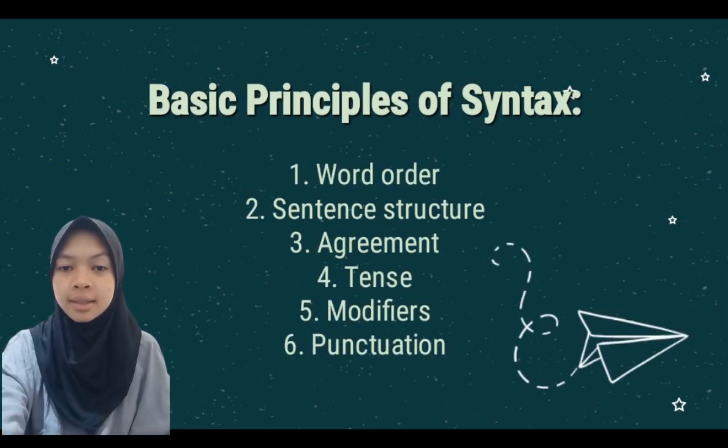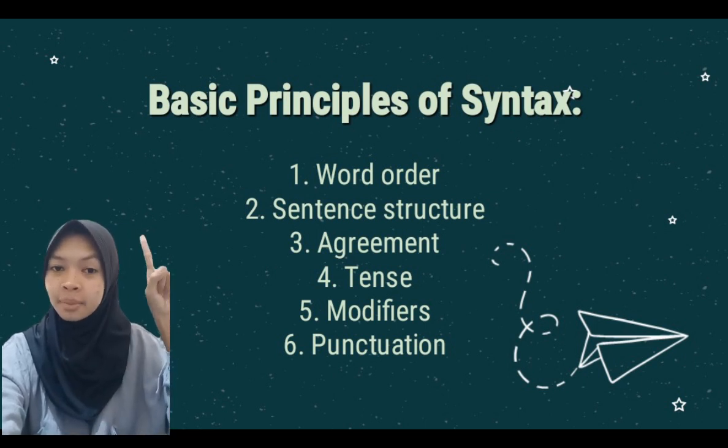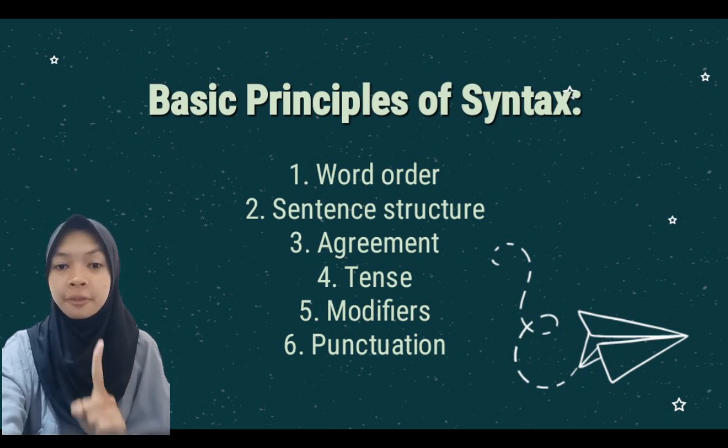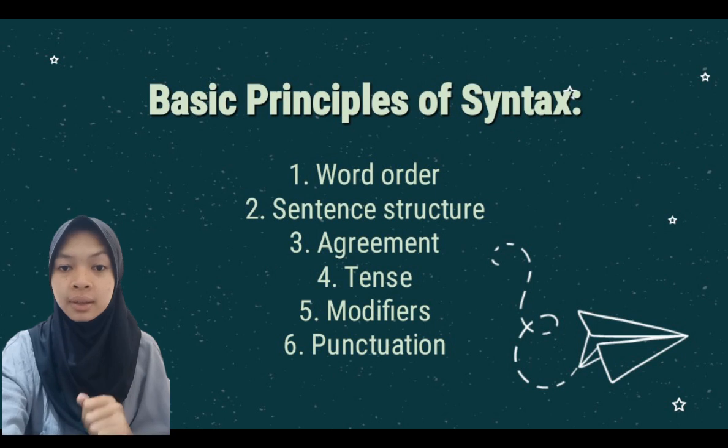The next is basic principles of syntax. Here are some basic principles of syntax. There are word order, sentence structure, agreement, tense, modifiers, and punctuation. The first is word order.